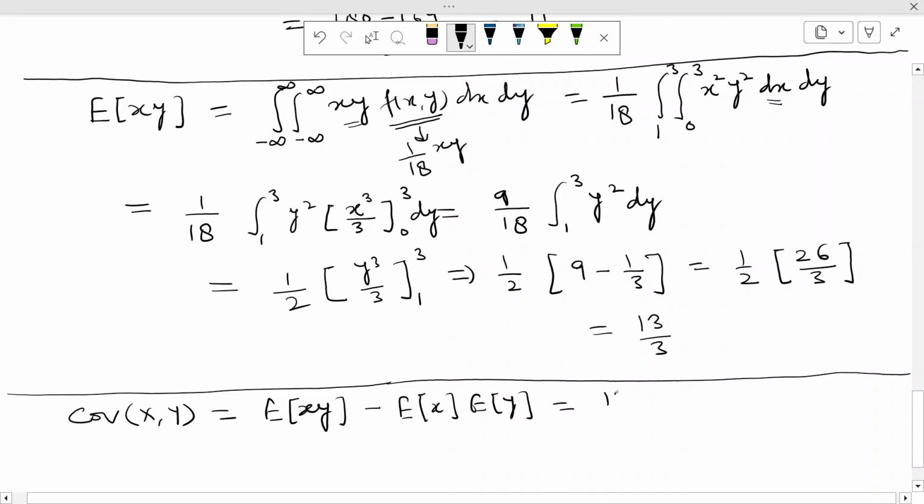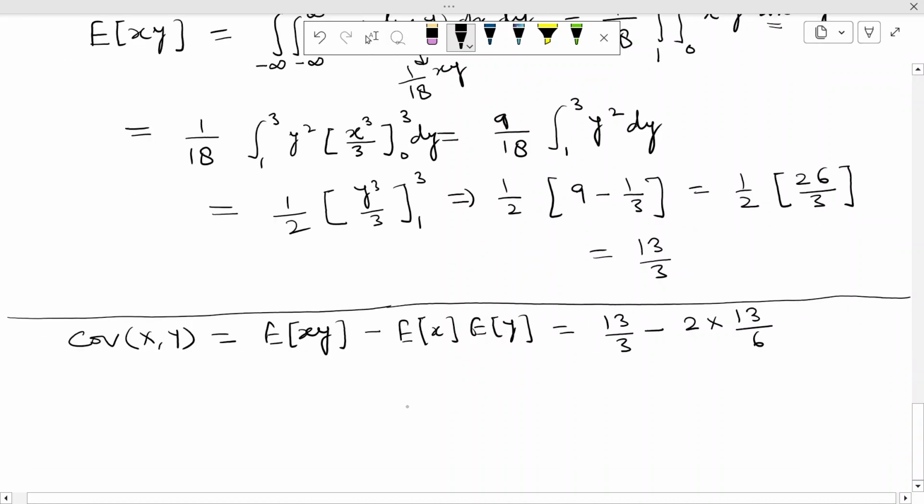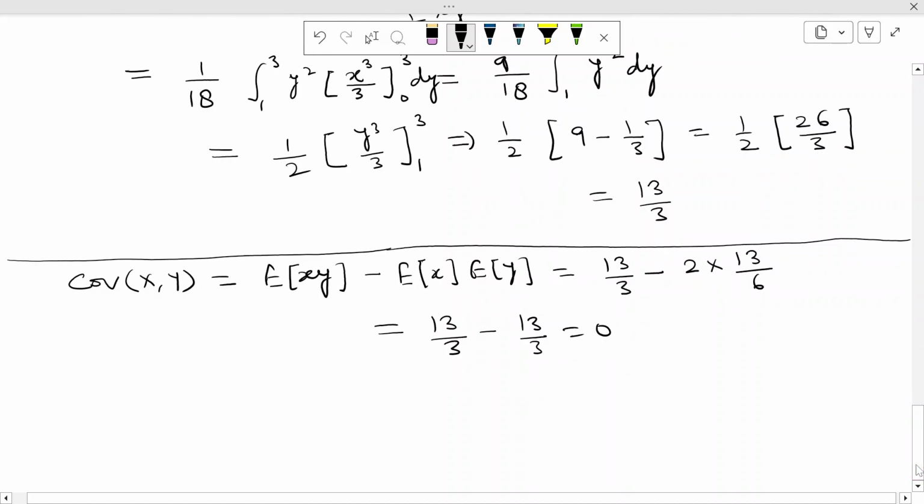So this is 13 over 3 minus the expectation of x we already obtained as 2, and the expectation of y is 13 over 6. So this will be 13 over 3 minus 13 over 3. So this shows that covariance of xy is 0.